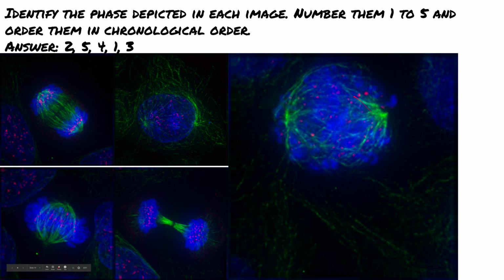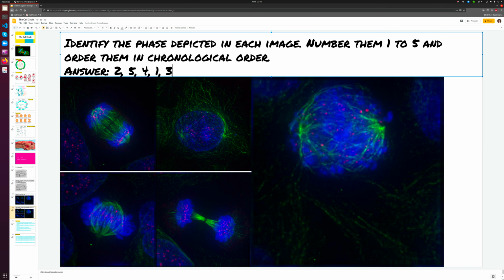This is the splitting of the chromatids. So what I probably did in error was confuse it. Number 3 isn't telophase, number 3 is actually metaphase. So really it was a misordering. So 3 is metaphase, 4 is telophase.